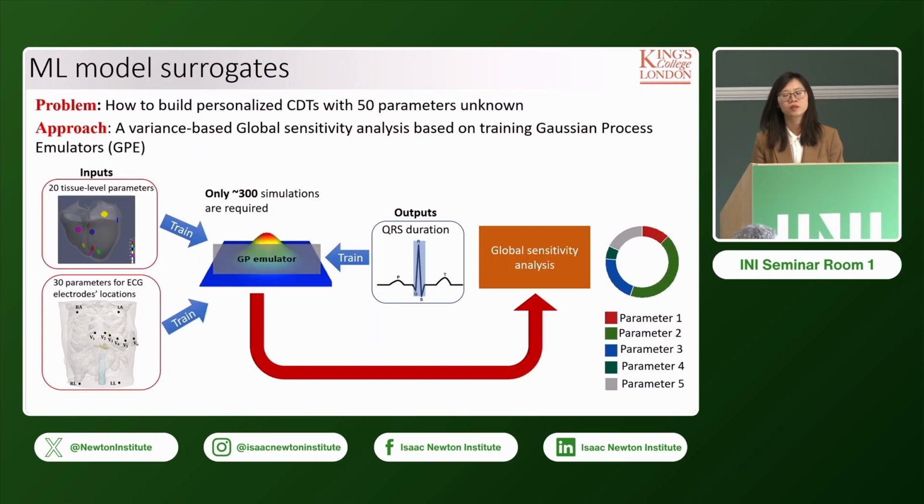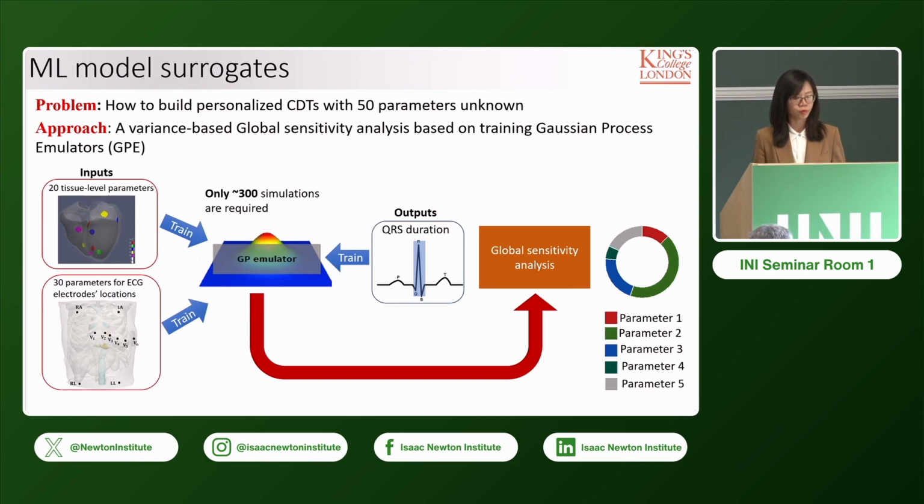Here we reach a big problem: how can we build personalized CDTs with all those 50 unknown parameters? The approach we take is leveraging machine learning: we trained a Gaussian process emulator that allows us to conduct a small number of simulations, around 300, to map the input to the output.